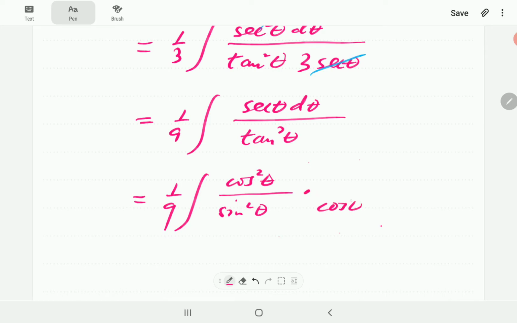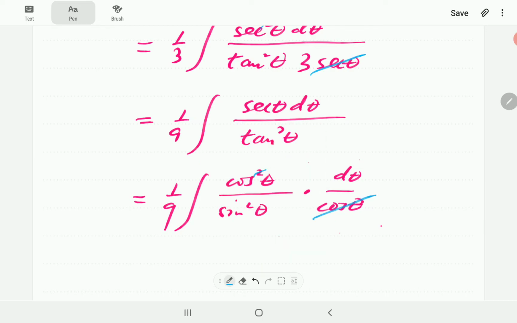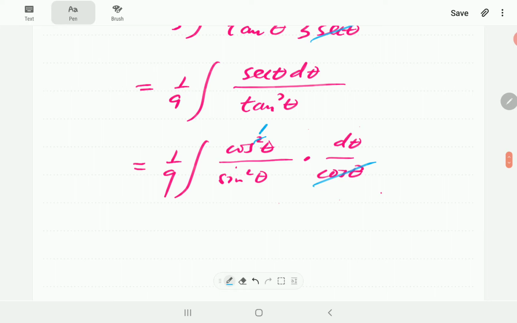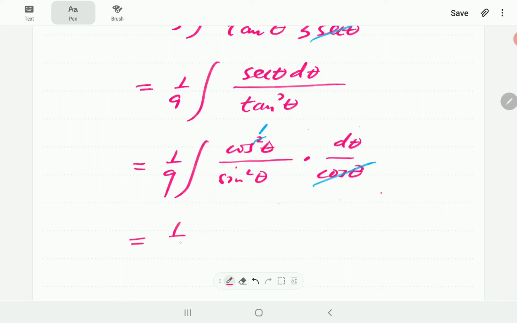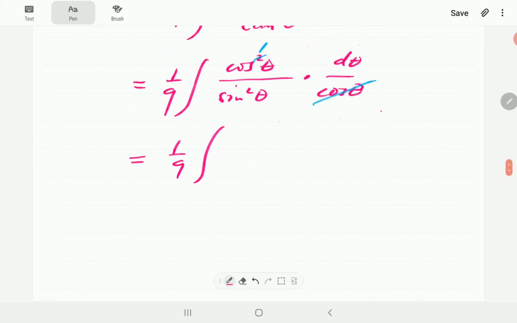Secant is cosine in the denominator, so this is going to cancel out. This is just going to be cosine over sine squared. At that point we could use substitution, because the derivative of sine is cosine.